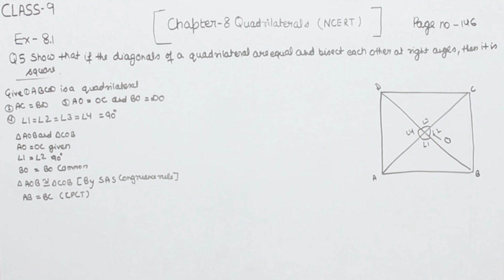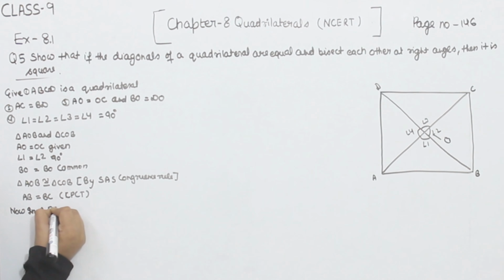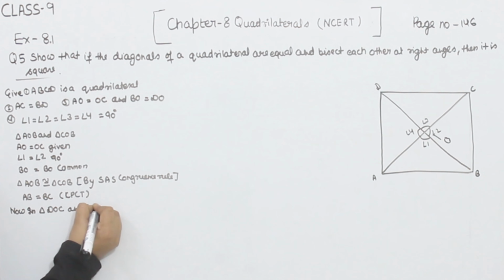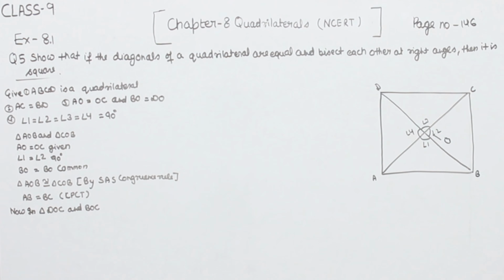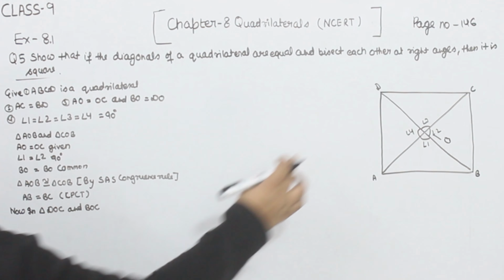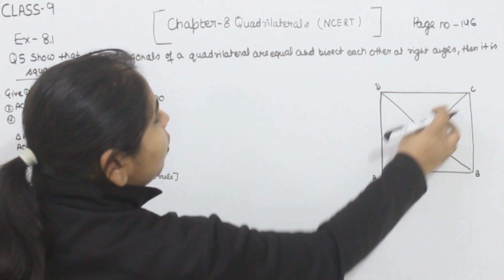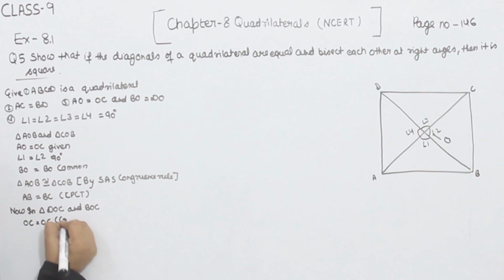So now we are going to take another pair of triangles, the triangle DOC and the triangle BOC. In this one OC is equal to OC. This one is common.